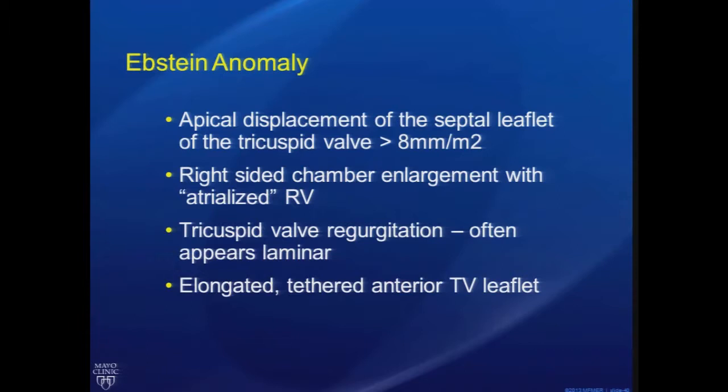So you're going to see right-sided chamber enlargement, significant tricuspid valve regurgitation, but remember that the actual origin of the tricuspid regurgitation is not going to be in a normal annular plane that you're expecting, because this valve is not just offset towards the apex, it's often rotated into the outflow tract if you think about this three-dimensionally. So you're going to have a very unusual plane of tricuspid regurgitation. It's most often severe. There are cases where you don't have severe TR, but you should assume it is until you prove otherwise. And then you can see this elongated, tethered anterior leaflet.